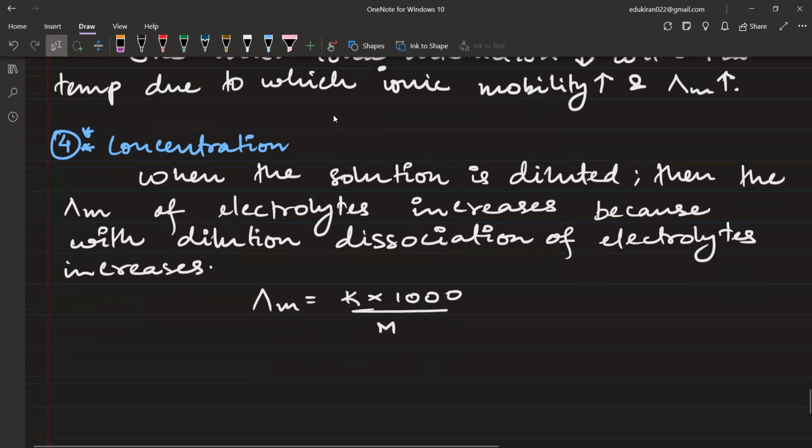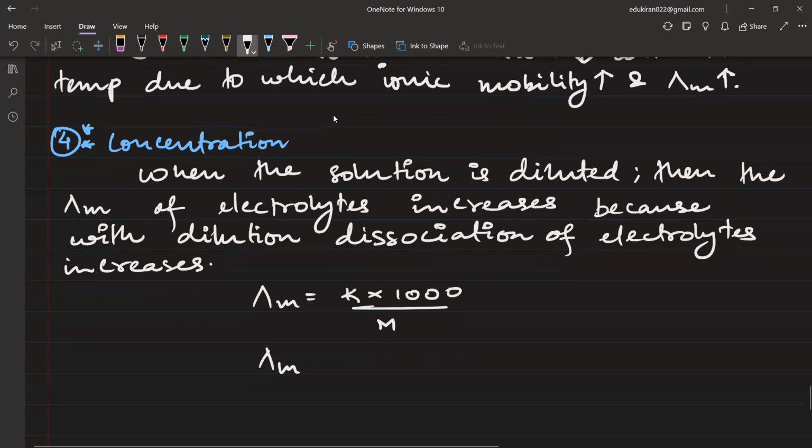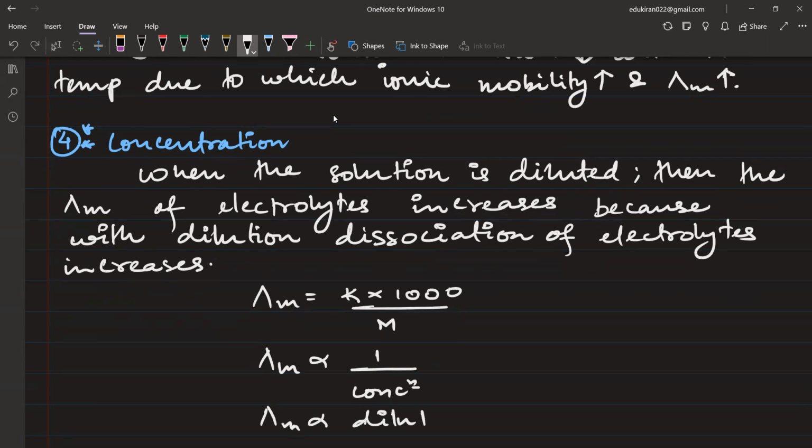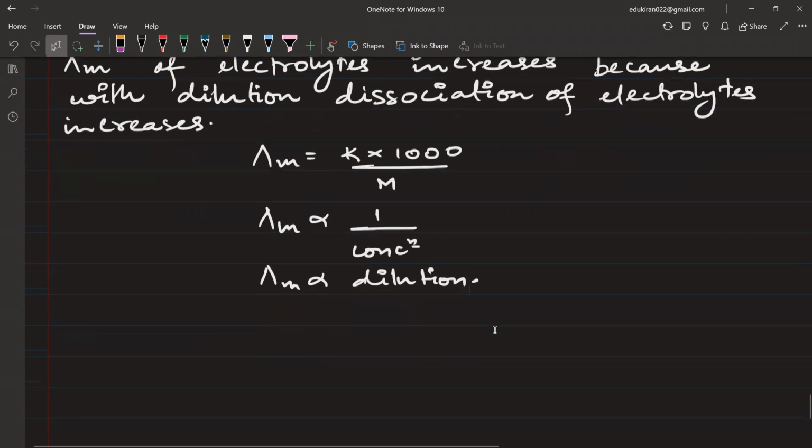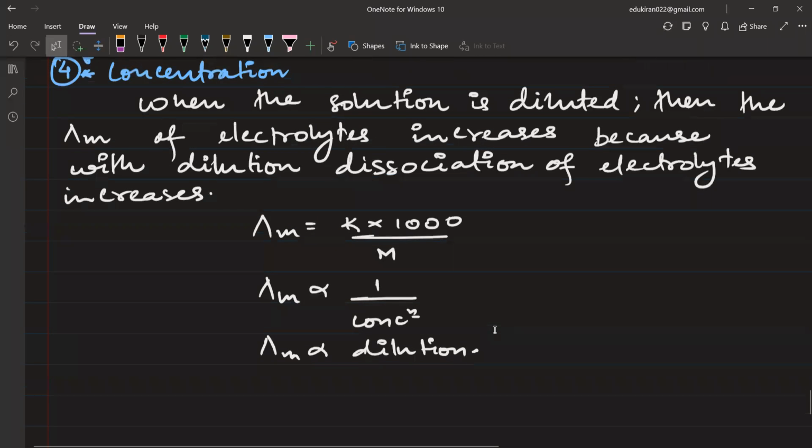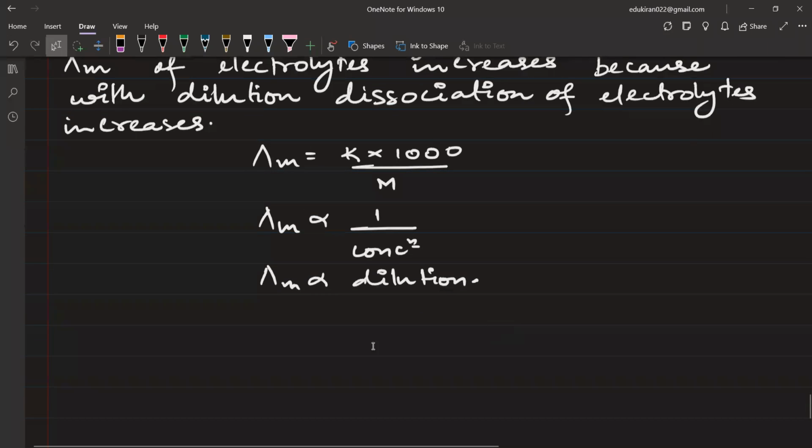Molarity क्या है? वो concentration है. यहाँ पे बिल्कुल आपको साफ साफ दिख रहा होगा that molar conductivity is inversely proportional to concentration and molar conductivity is directly proportional to dilution. It is a bit counterintuitive, but you can see that why it is happening. You can also look at the formula.